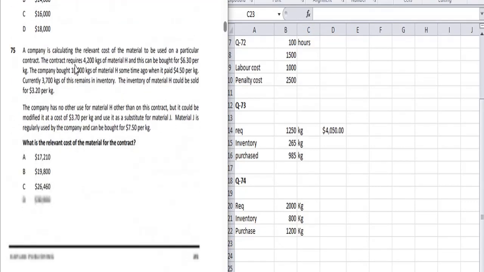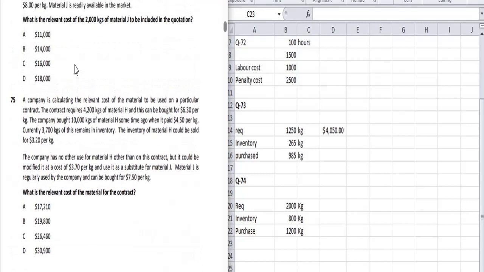So if the material is readily available in the market, in that case again our relevant cost will be the current market price. So we don't have to look individually at the inventory, how much material is in inventory and its relevant cost, and we don't have to look at how much we have to purchase and its relevant cost.